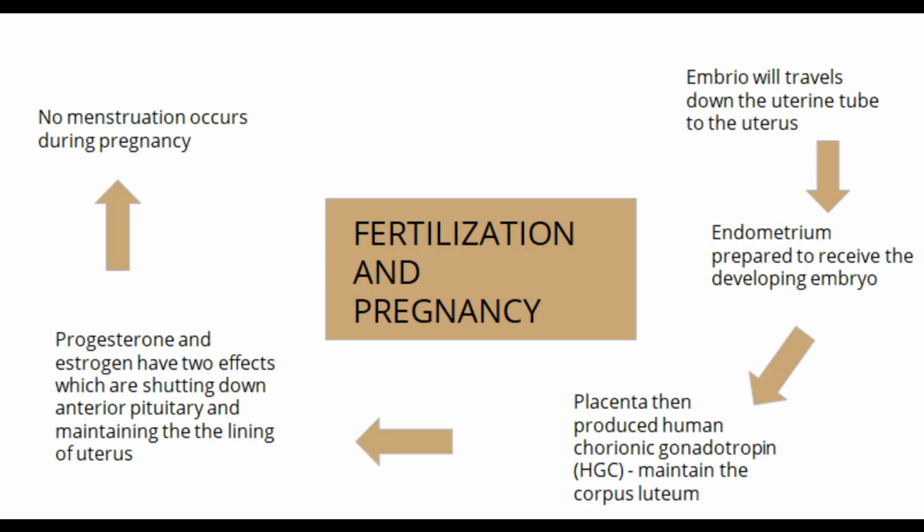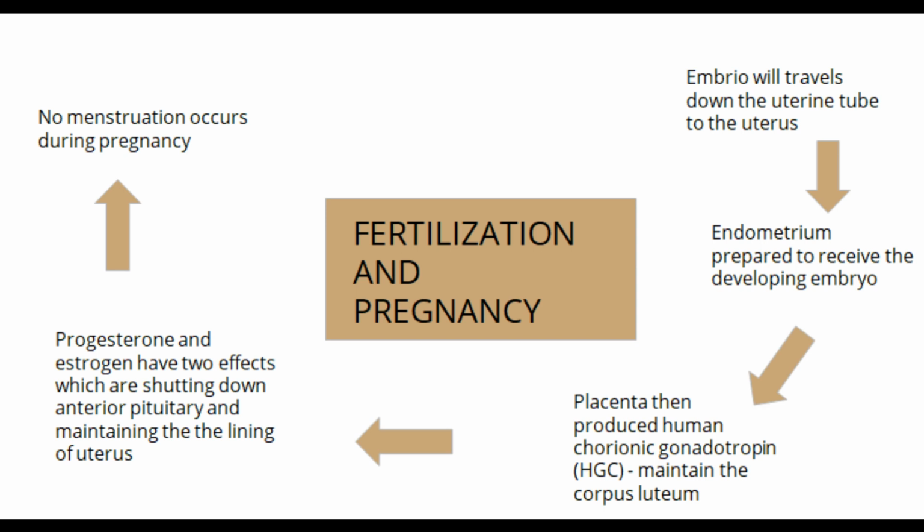Okay, so next slide. Next, let's move on to fertilization and also pregnancy. This is what happens when fertilization occurs. When fertilization occurs, the embryo will begin its development and will travel down the uterine tube and also to the uterus.